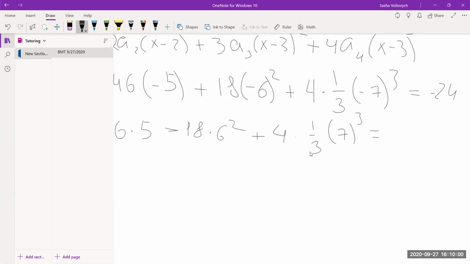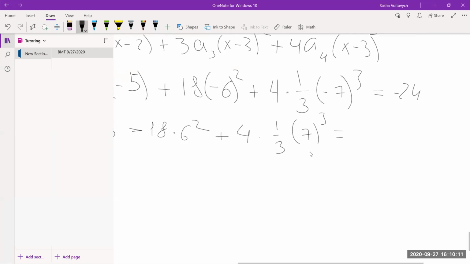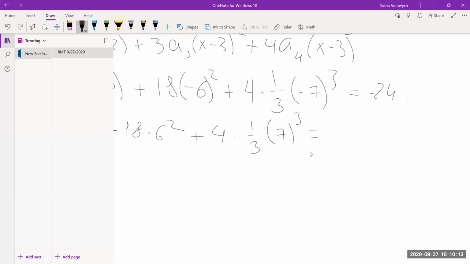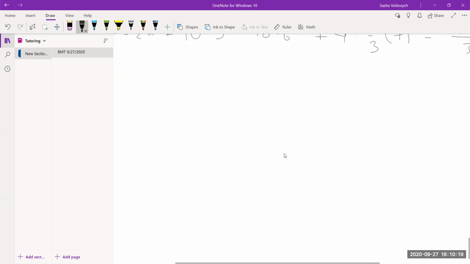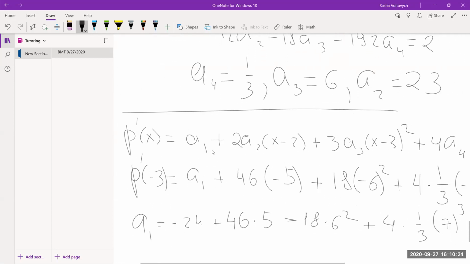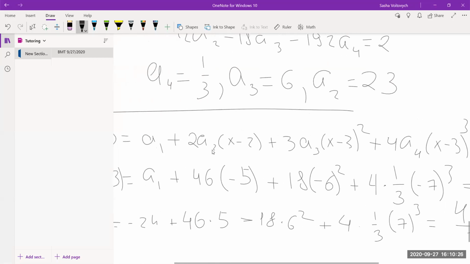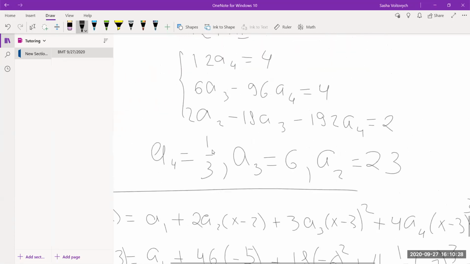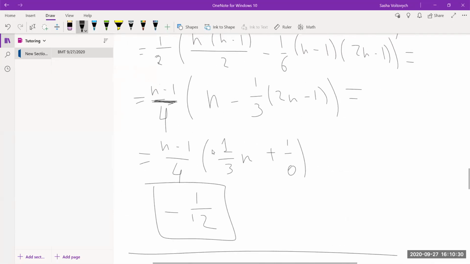So we just have to calculate this value, and I'm just going to write down the answer. It turns out to be actually pretty neat: it's 46/3. So this is our value for a1.